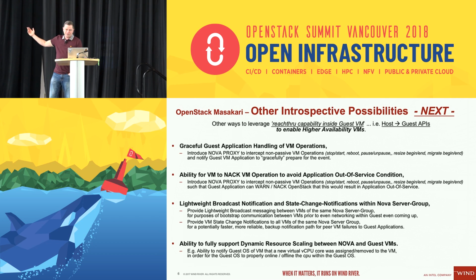The other thing you could do is take it even one step further and allow the VM to actually NACK or warn the OpenStack platform of a problem, like effectively NACK the operation. A use case for that would be where that operation being disrupted is potentially going to cause a service outage. So I could be a VM in a one-for-one sparing model. The Nova stop that the user entered might be for my active VM, but obviously OpenStack isn't aware of the active standby status of the application.